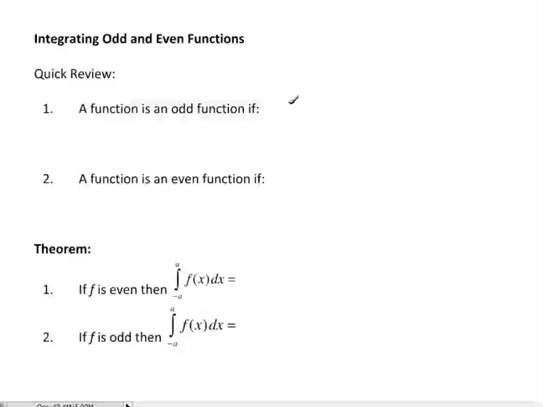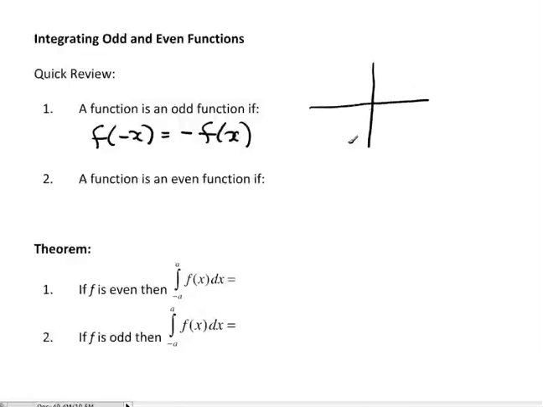First of all, as a quick review, we say that a function is odd if f of negative x is equal to a negative of f of x. Now, probably the easiest odd function to look at, or one of the easiest, is simply f of x equals x cubed. Now notice if x equals 2, then y is equal to 8.